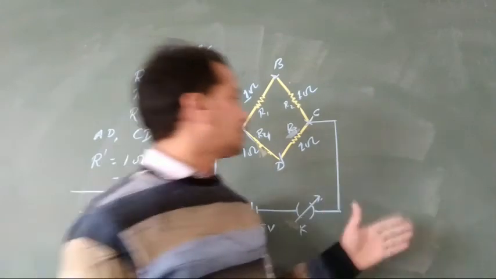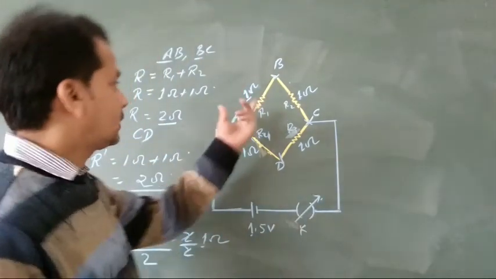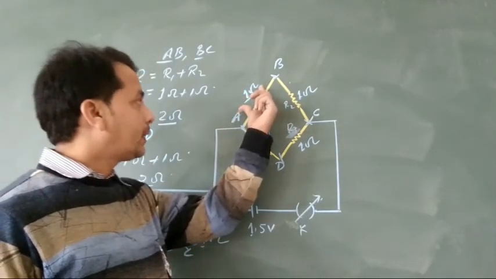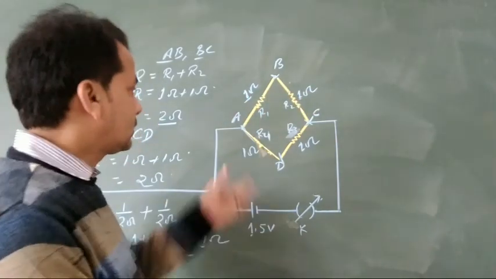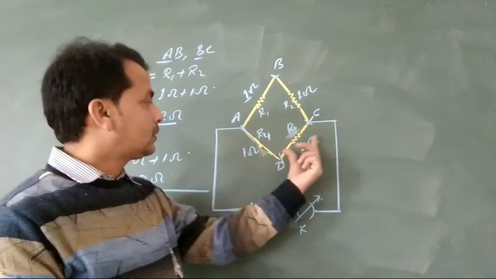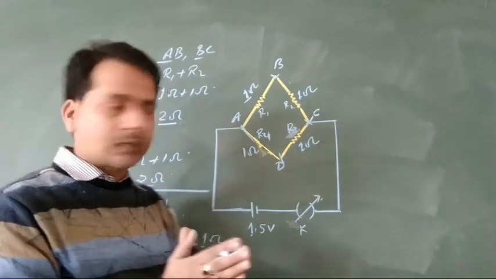We know that AB and BC are in series combination, and AD and CD are also in series combination.